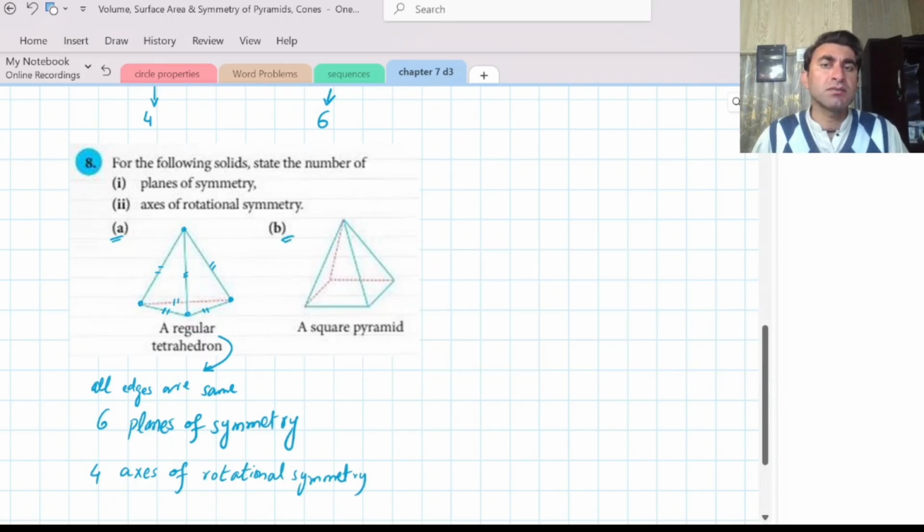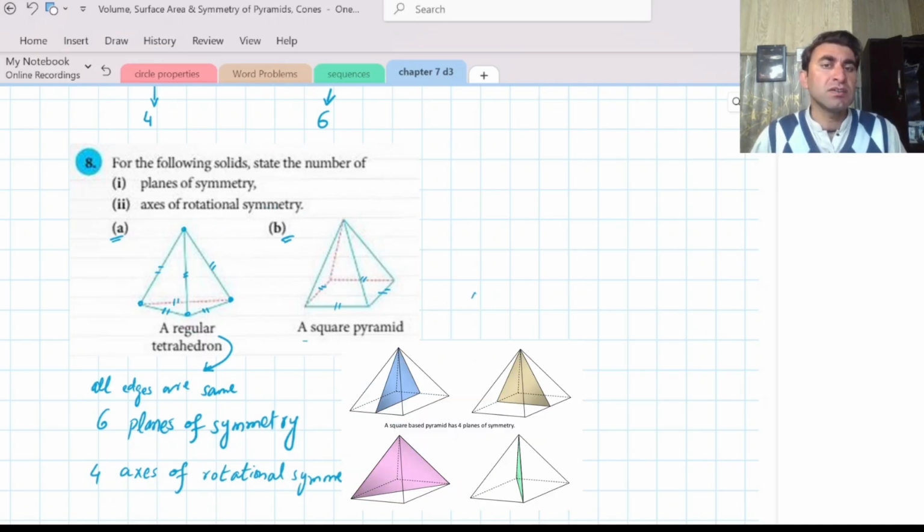Now in part B, as we see, it is a square pyramid, and in a square again the 4 sides of the base are definitely equal. So for the planes of symmetry, there will be 4 planes of symmetry, and all 4 planes of symmetry are vertical. 2 planes of symmetry are basically passing through the midpoints of sides, and the other 2 are along the diagonals.